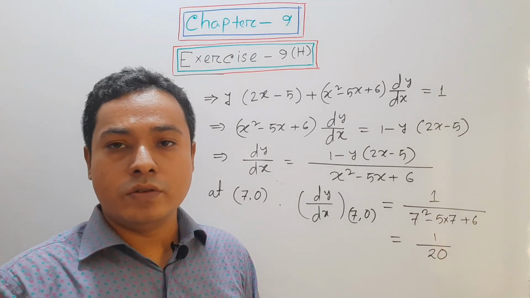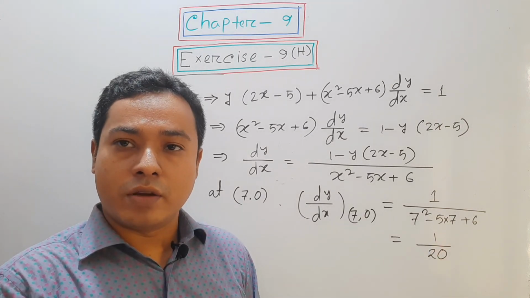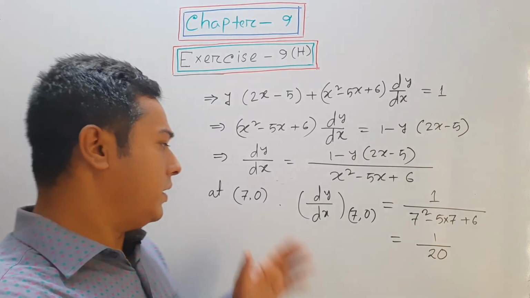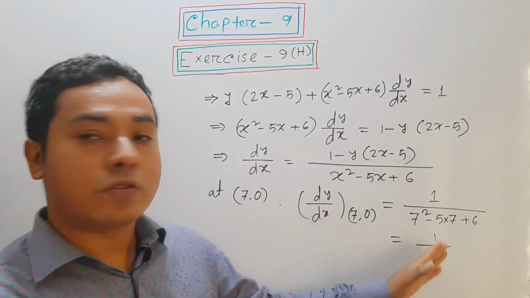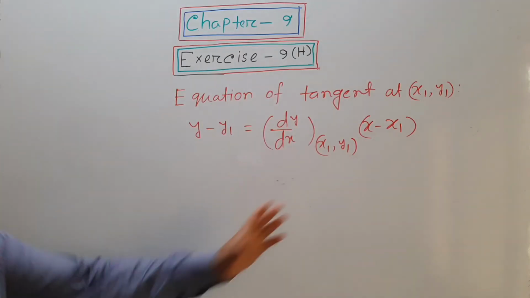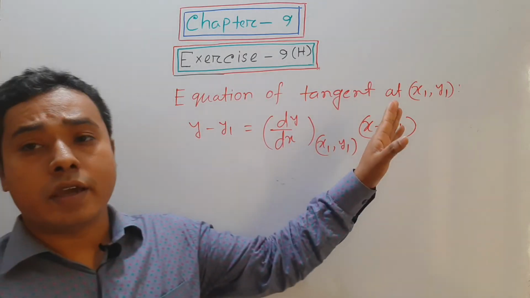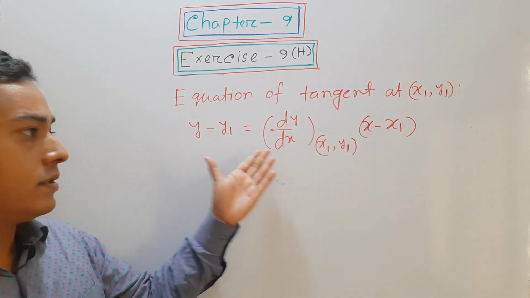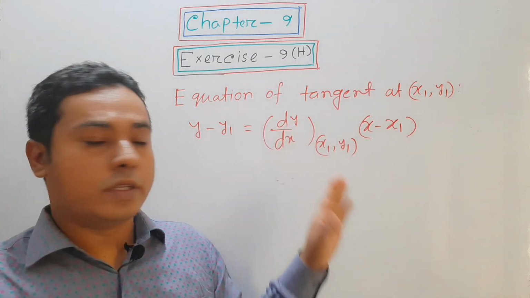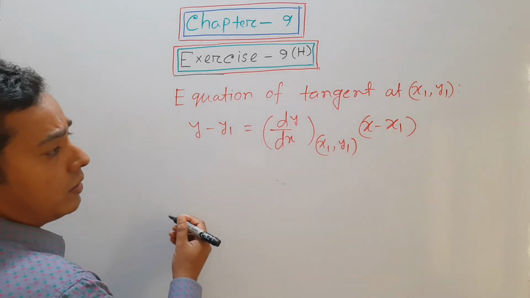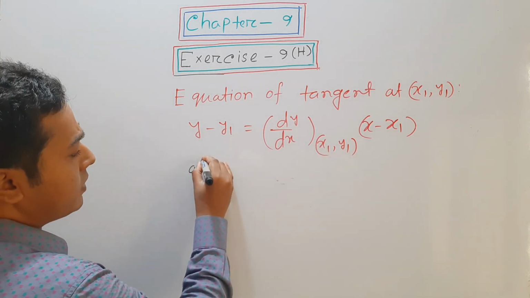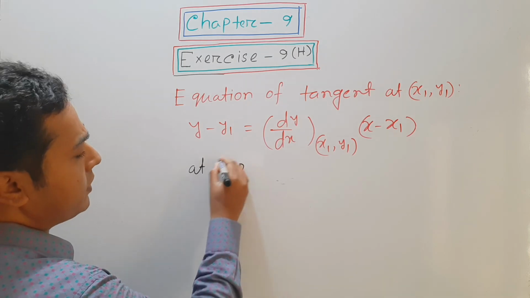Now we want to find the equation of tangent and normal at this point. Already we have got the slope at this point is equal to 1 by 20. Now equation of tangent at x1 comma y1 is this. Already we know this. Now we apply this formula at 7, 0.